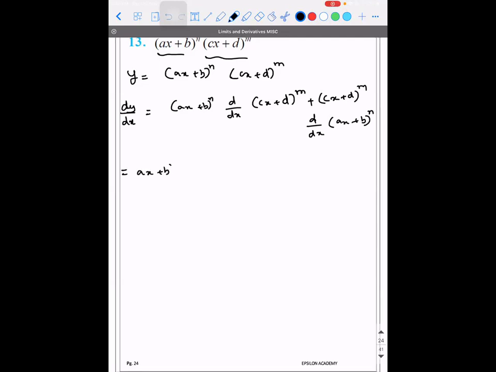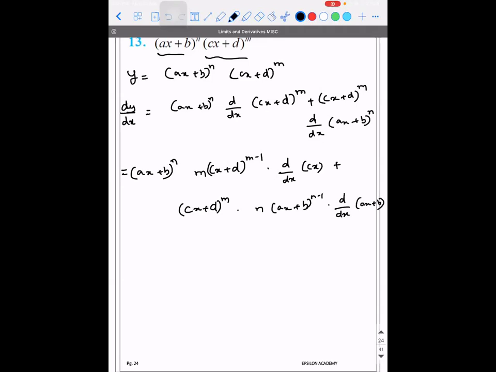So that will be ax plus b the whole power n into m into cx plus d the whole power m minus 1 into d by dx of cx plus d, plus cx plus d the whole power m into n into ax plus b the power n minus 1 into d by dx of ax plus b. Did you understand what I did? I applied chain rule for this and chain rule for this.